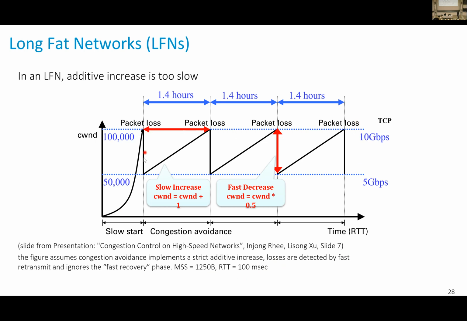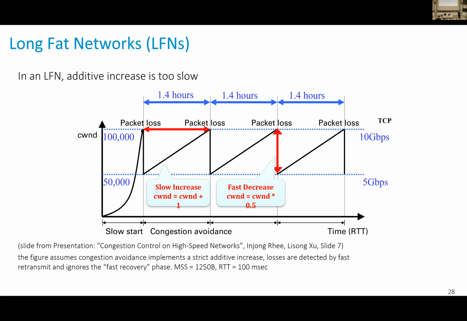Then we decrease in some form. But if I ignore the transient phases of fast retransmit, at the end of fast retransmit we restart with half of the value, and then we increase again with no loss until we get there. And it turns out that this increase time for those numbers is very large, on the order of an hour.